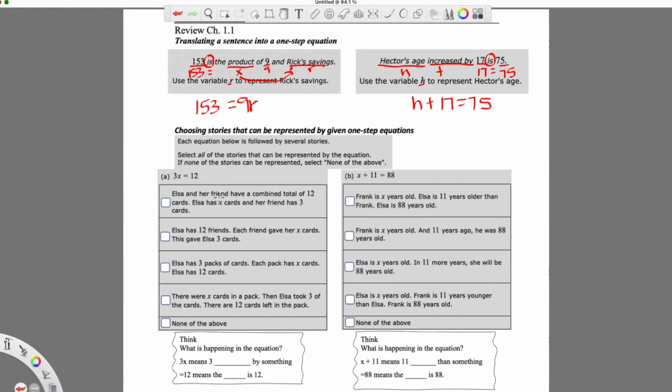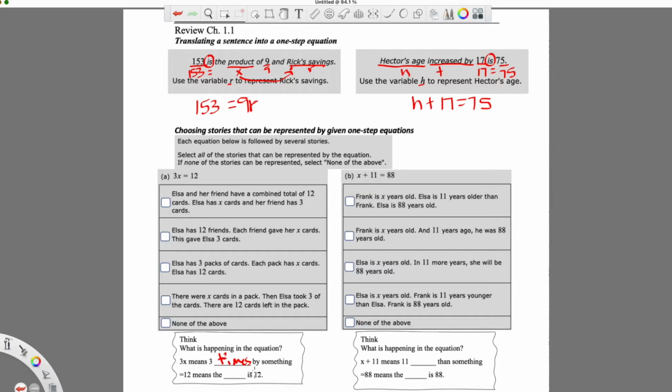All right, down here, each equation below is followed by several stories. Select all of the stories that can be represented by the equation. If none of the stories can be represented, select none of the above. We have 3x equals 12. Before we start reading the stories, I want to think about what is happening in this equation. 3x means 3 times something, so we're multiplying by 3.